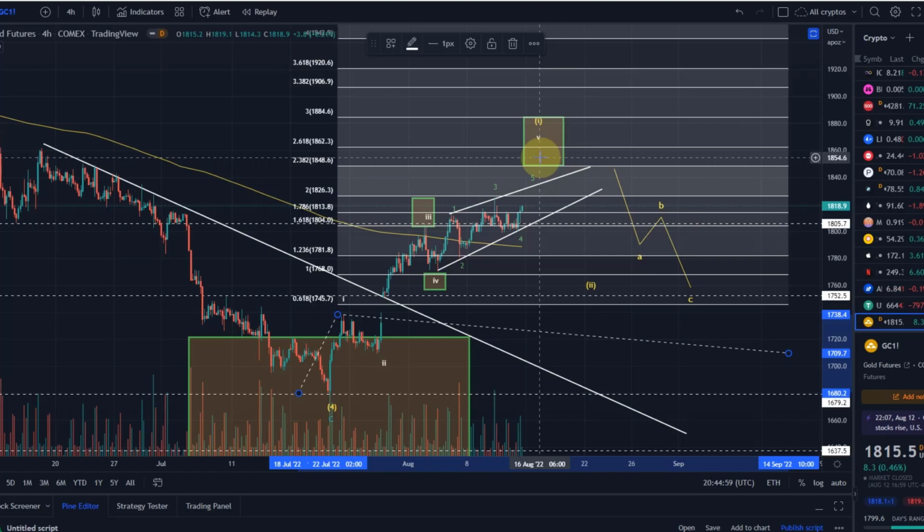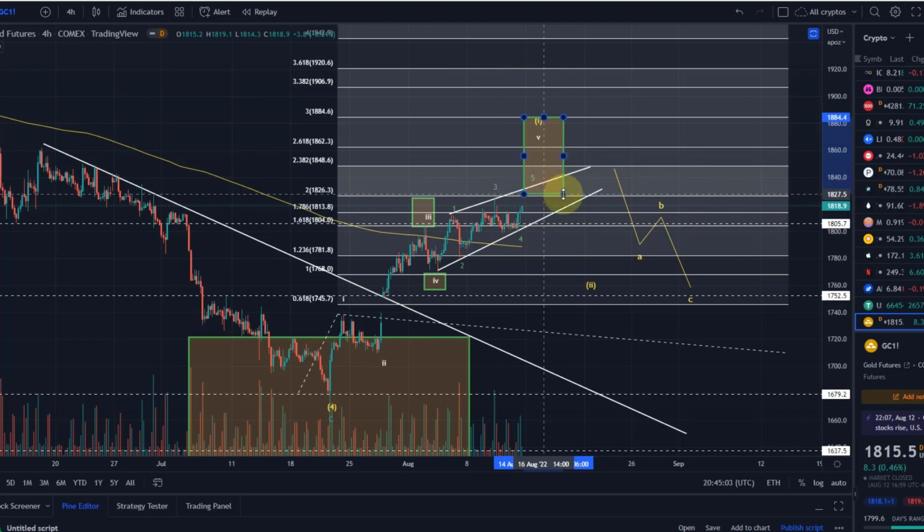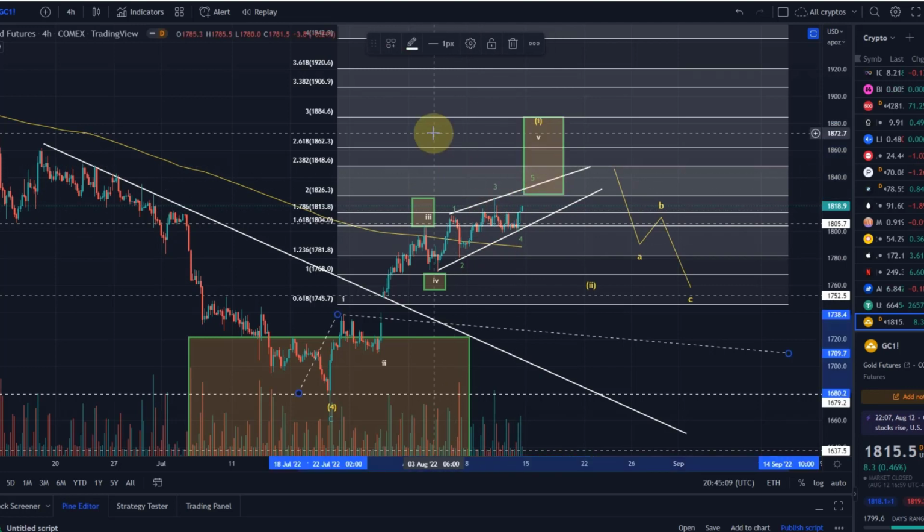I would like to bring that down now to the 200%. That is a level that is definitely realistic if we are in an ending diagonal here. Now this is certainly what I'm going to go with.